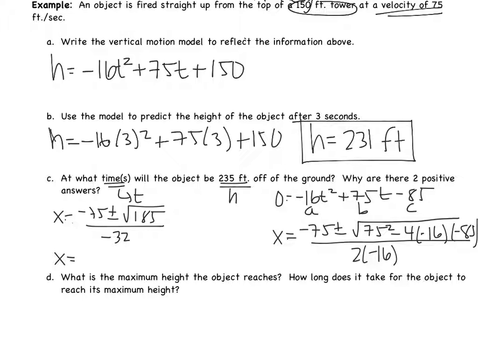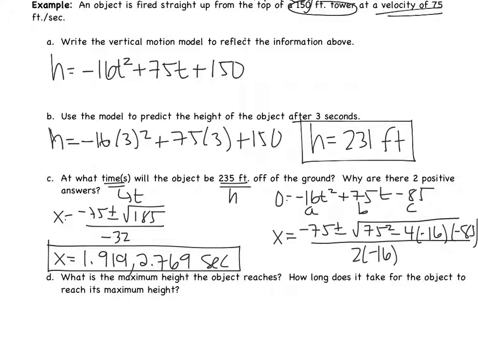So first you're going to do negative 75 plus the square root of 185, and then you're going to divide that by negative 32. When you do that, you get 1 time to be about 1.919, and then you're going to do negative 75 minus the square root of 185 divided by negative 32. And when you do that, you get the second time to be 2.769 seconds.